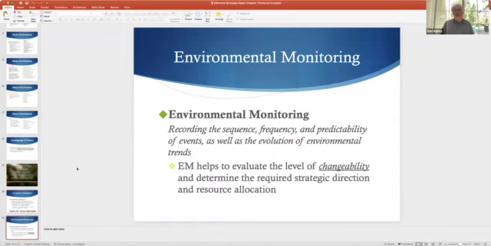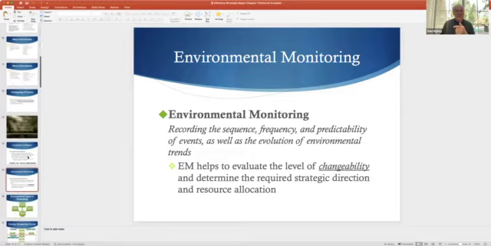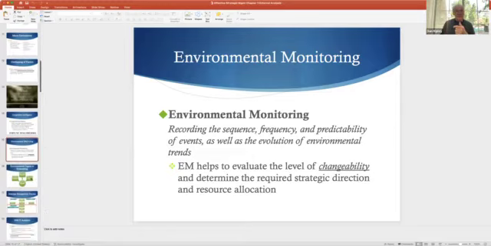So environmental monitoring is that recording of the frequency, the sequence, the predictability, the evolution of those trends. It's looking at the changeability of those trends. So we got scanning, we got monitoring, we've got competitive intelligence. Those 3 things come together to help us create our forecast.